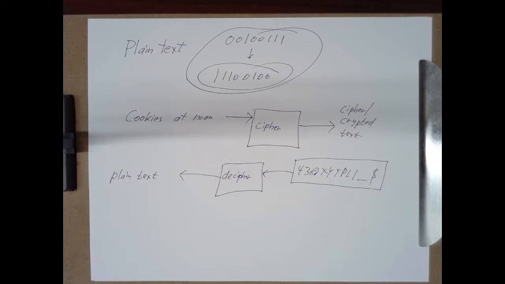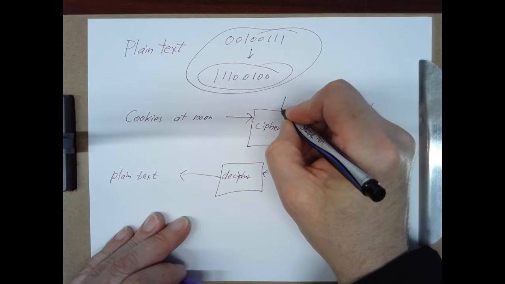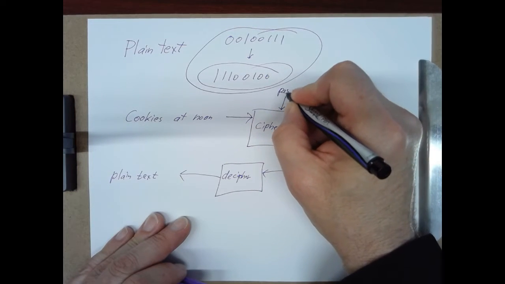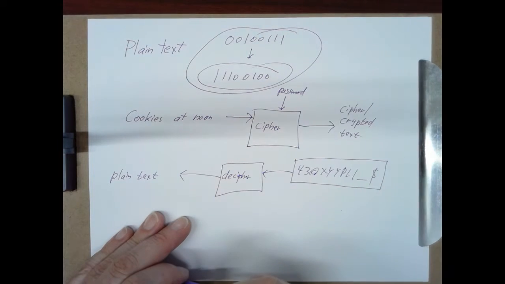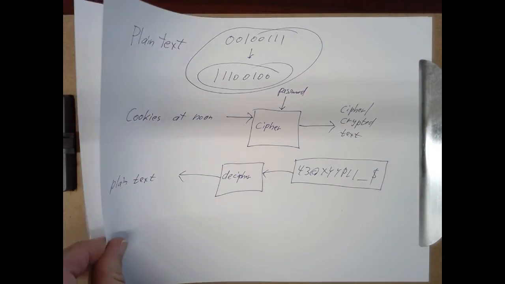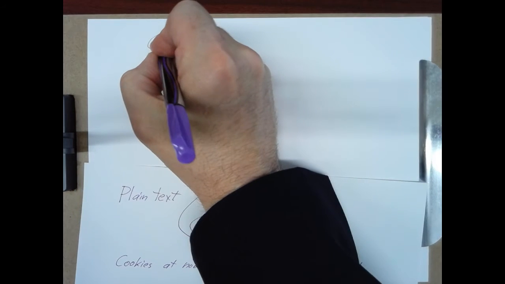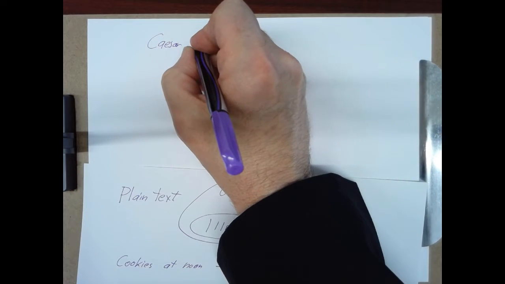So we use passwords. So this cipher algorithm is some complex algorithm that jumbles up the information, but it also requires a password. So here's a very old algorithm.